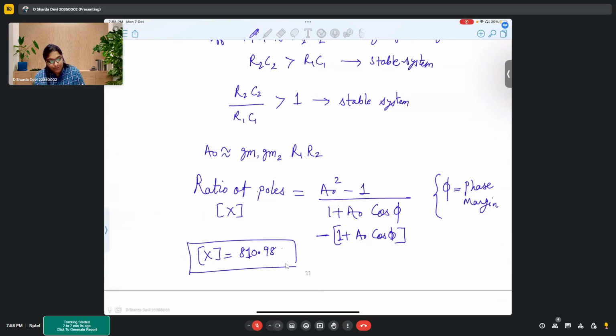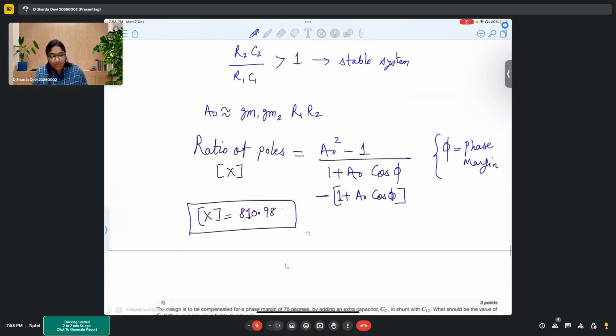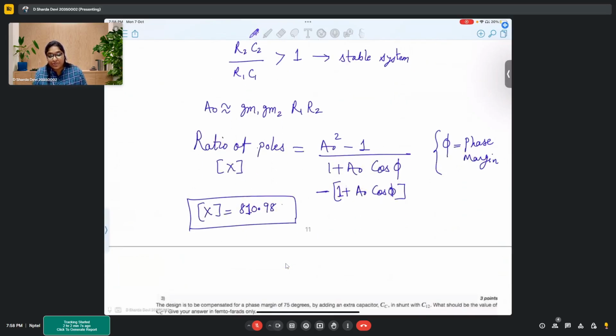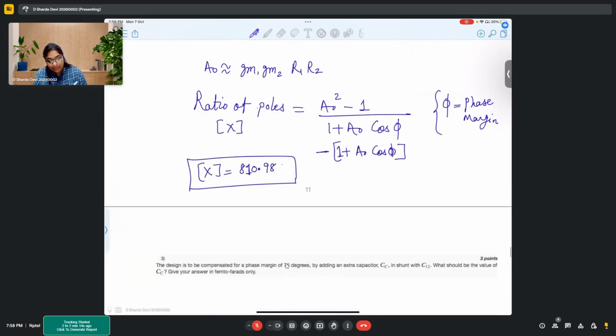So this is the ratio between two poles. For this expression, you can go through the lectures and find it out.